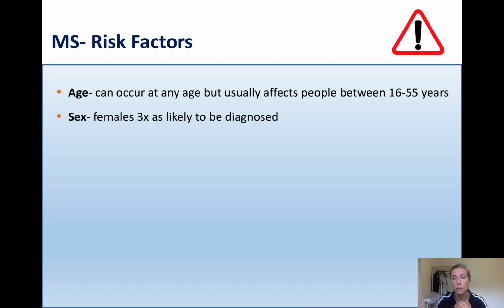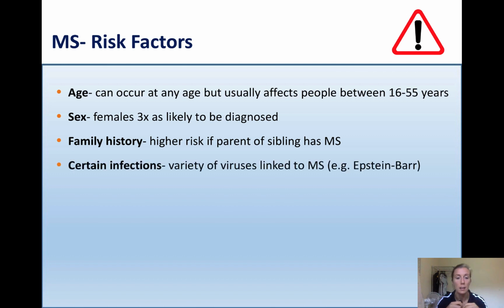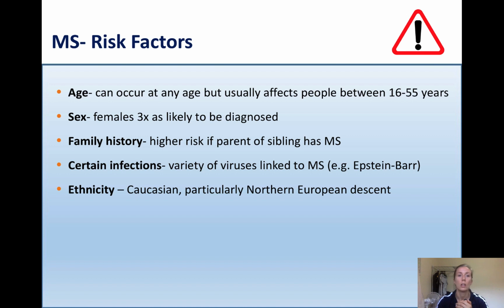As we said, women are 3 times more likely to be diagnosed, so obviously sex is a factor. Family history: if you have a parent or a sibling with MS, you're at a heightened risk. Infections: a variety of viruses have been linked to MS, and Epstein-Barr is one of those. Ethnicity: Caucasian ethnicity, specifically Northern European descent, is known to have a higher risk.